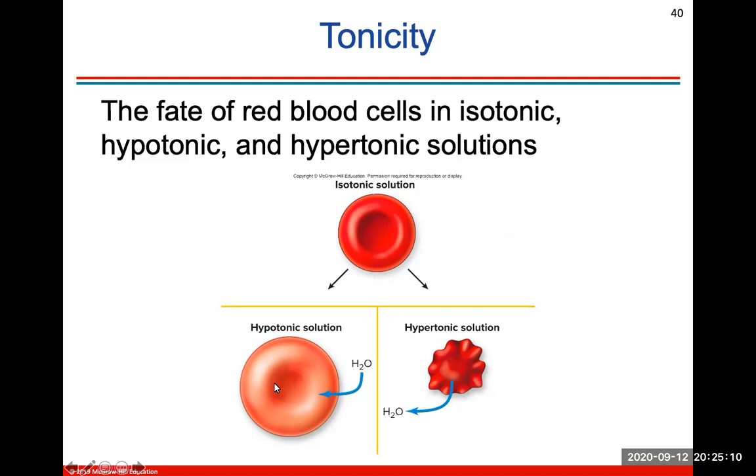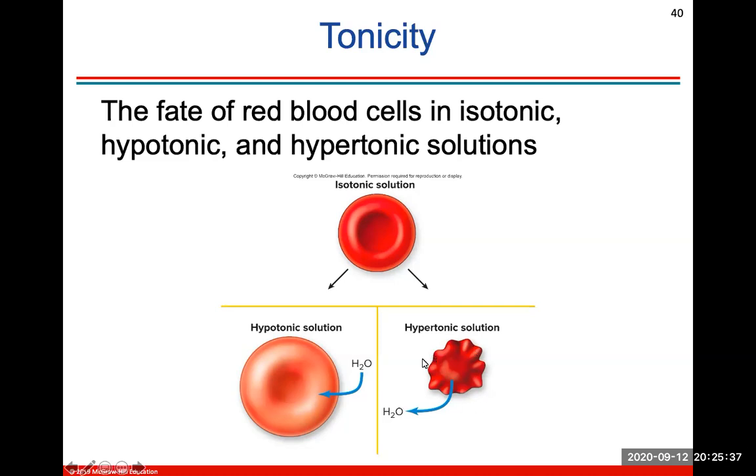If we put a red blood cell into a hypotonic solution, which is the area around this red blood cell, through osmosis, water will naturally travel into an area of higher concentration, and the red blood cell has a higher concentration of solute than its hypotonic solution. So water will travel into the cell, and the cell will swell and possibly burst, and that's called cytolysis.